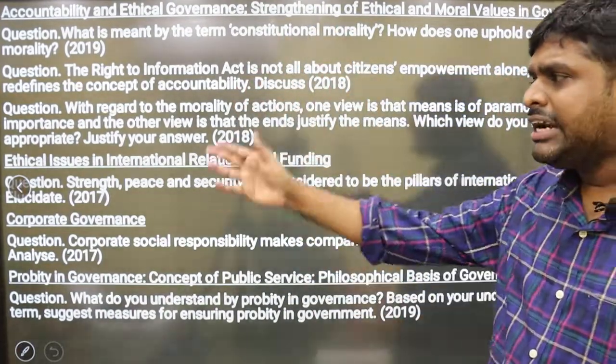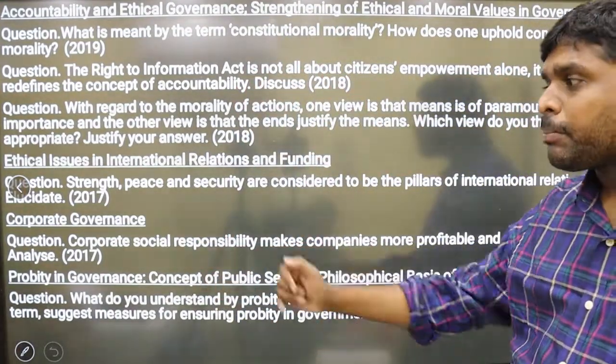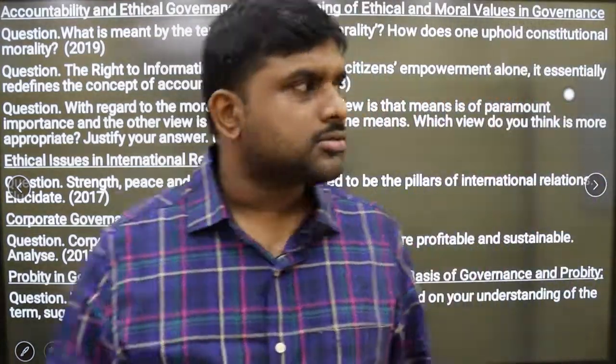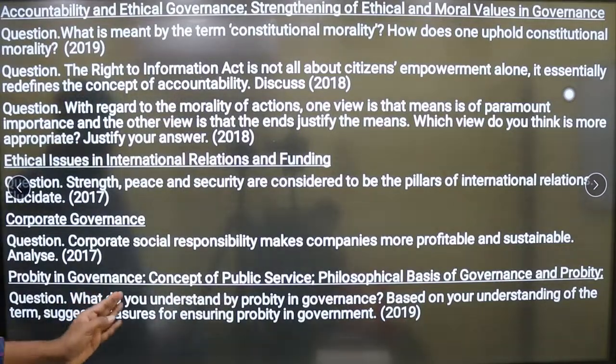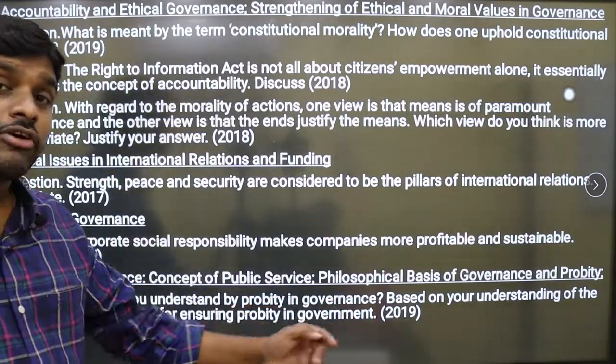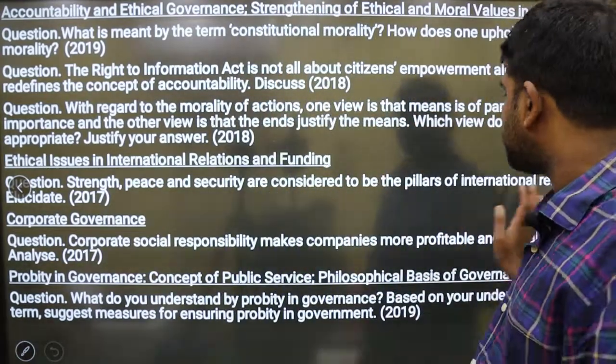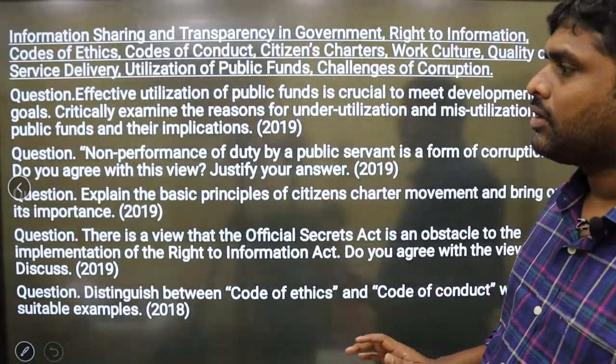Accountability and ethics, international relations, peace and security, corporate governance, corporate social responsibility, probity in governance. What do you understand by probity? What is probity in governance? What is fortitude in governance? That is also one question which was asked previously.